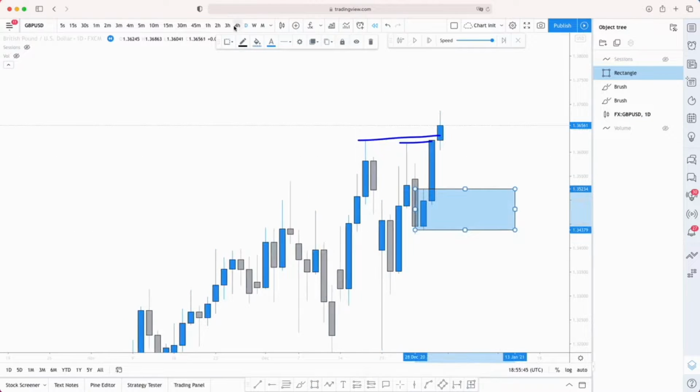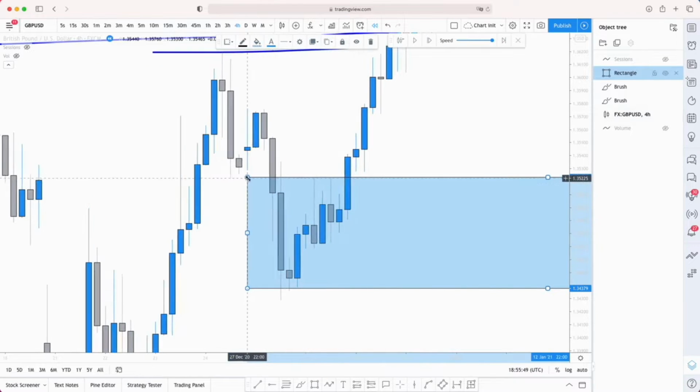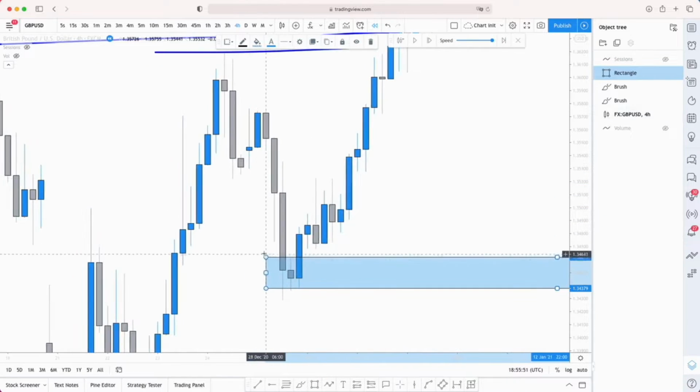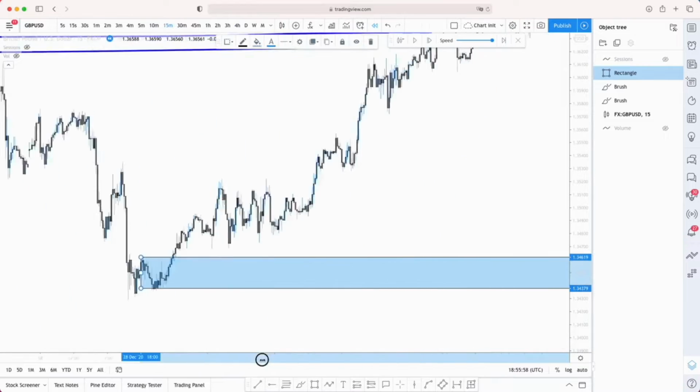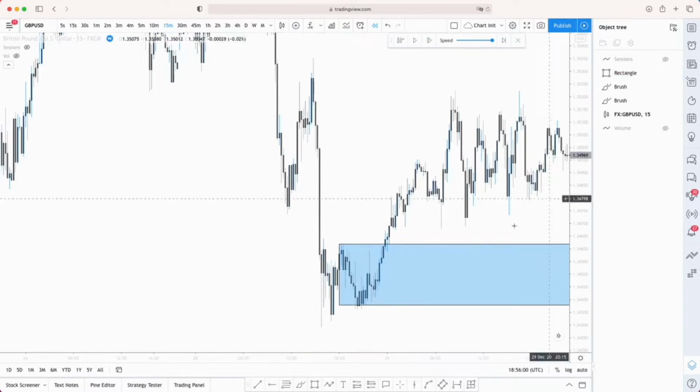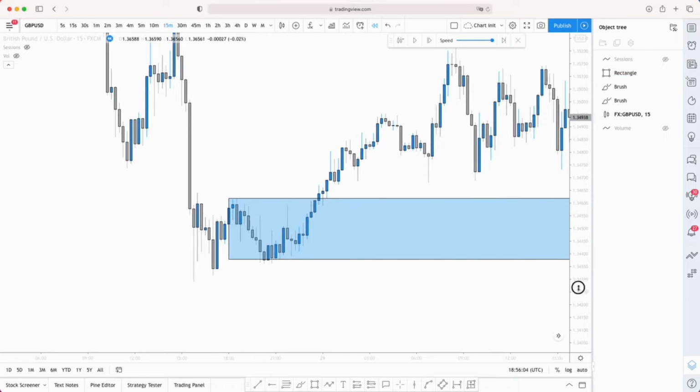and then you can go down the time frames and then refine that down even further. So you can refine it down to this one, and then you can keep going down the time frames and refine that down even further until you find a candle which is clear and is an OB.